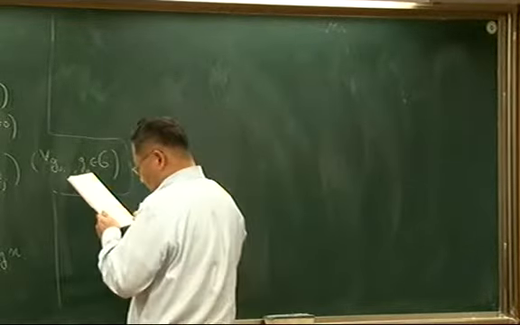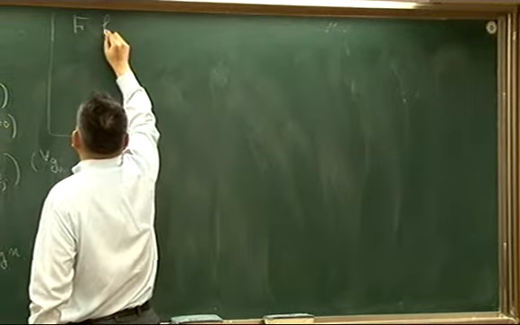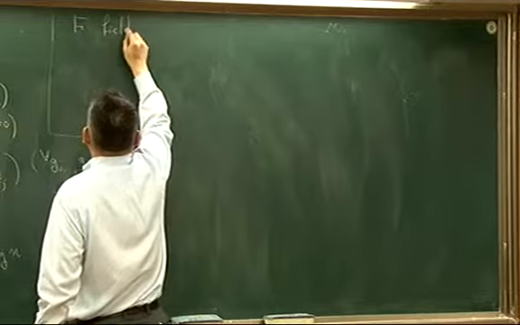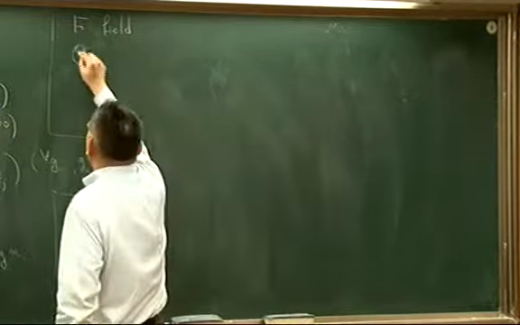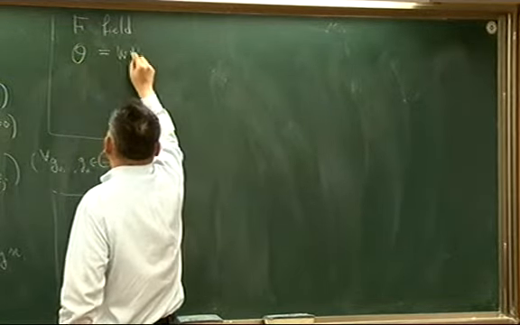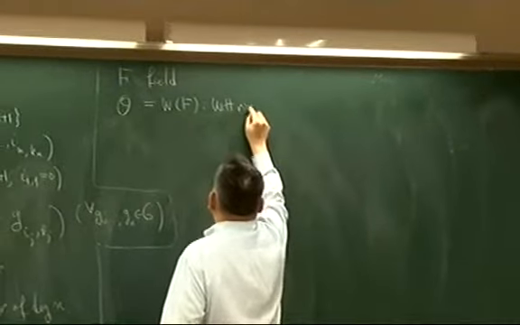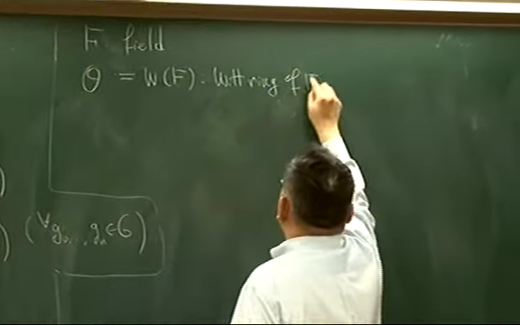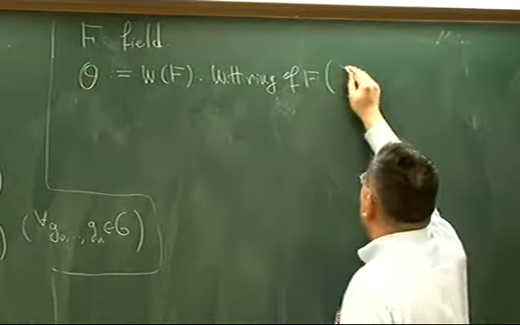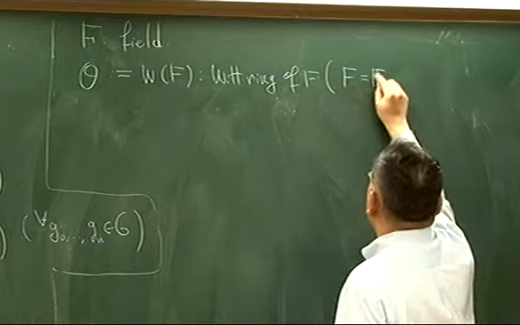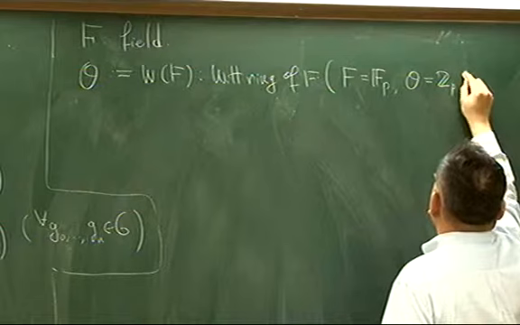Now, let F be a field, fixed in the following, and let O be the valuation ring of F. For example, if F is F_p, then O is Z_p, the p-adic integers.